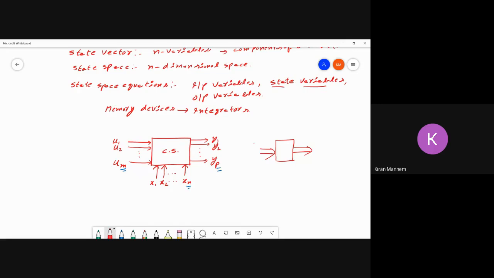That is matrix U and Y. So to find out the state, I can put x here. It can also be put like this.